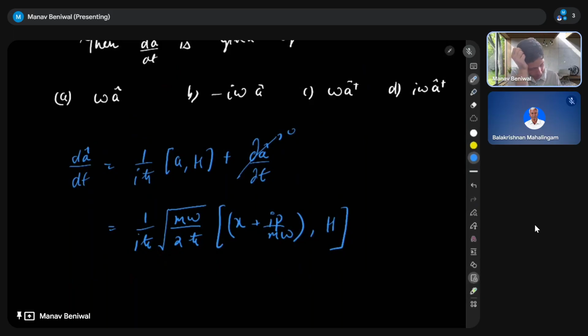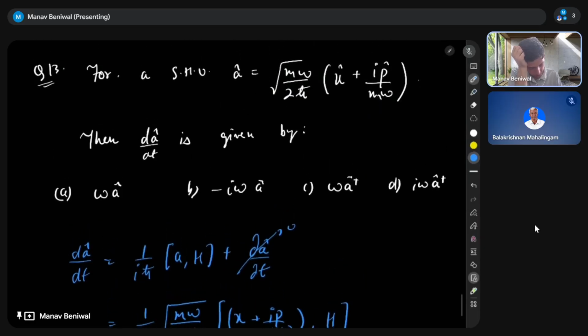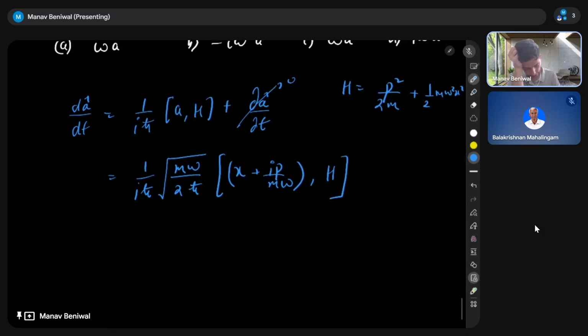So for H, because this is a simple harmonic oscillator, we can write H as p squared over 2m plus half m omega squared x squared. Okay, we can use this Hamiltonian.